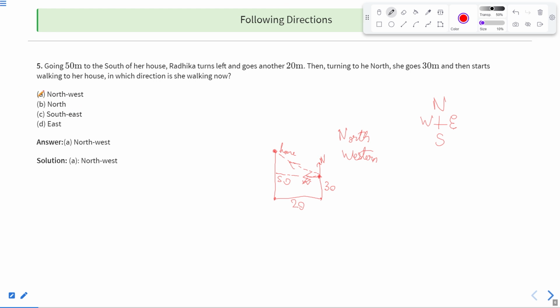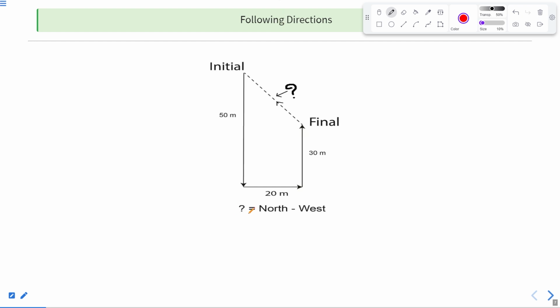A. As you can see here, the same thing. 50 kilometers south, turns left and walks 20 meters, then goes north 30 meters. What is the final direction towards home? Northwest.